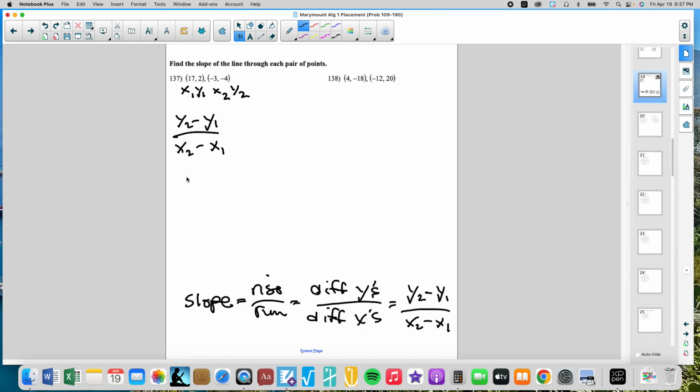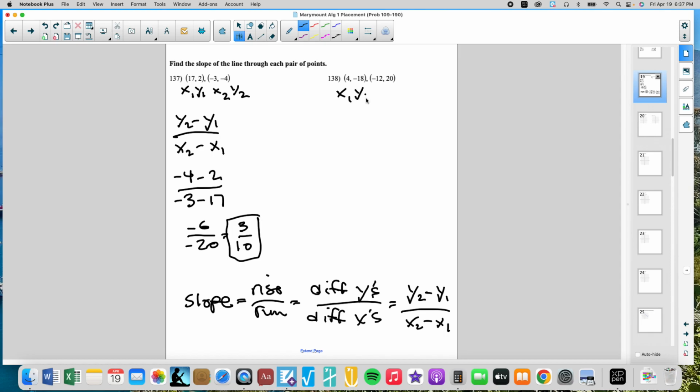My y sub 2 value is negative 4 minus my y sub 1, which is 2, over x sub 2, which is negative 3, minus my x sub 1. So that's negative 6 over negative 20, which simplifies to positive 3 over 10. Two negatives cancel. Number 137 is 3 over 10.